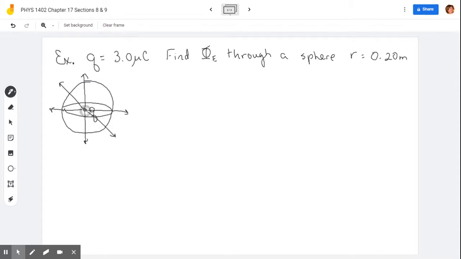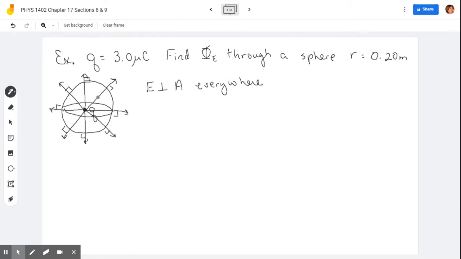Now, I didn't draw a very good surface, but the electric field lines are going to make a right angle at every point. So in this case, E is perpendicular to A everywhere.